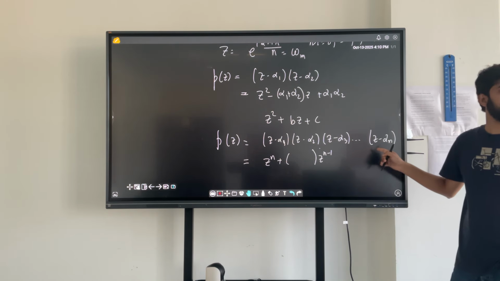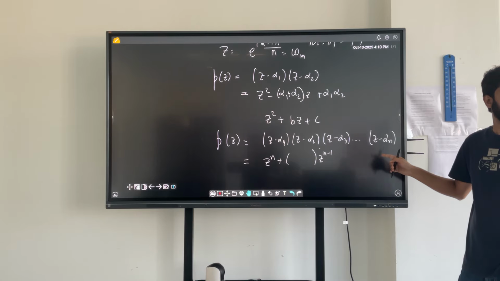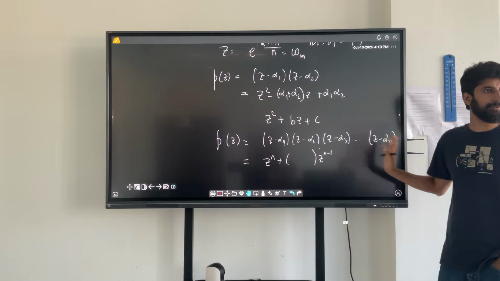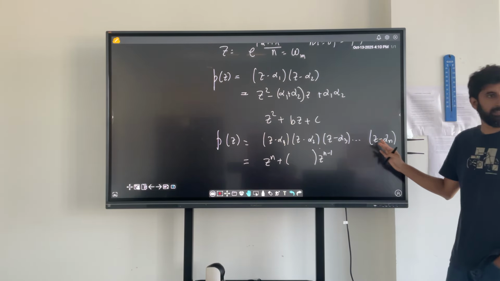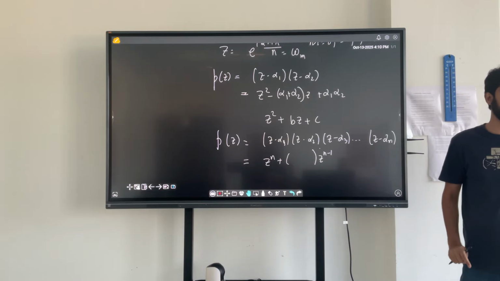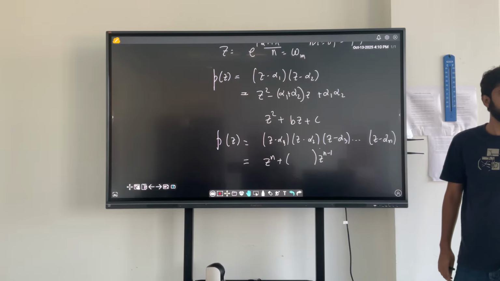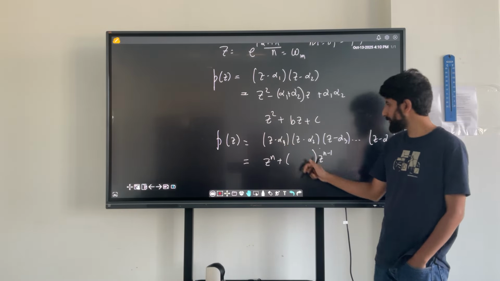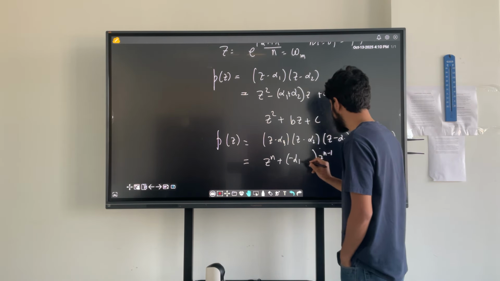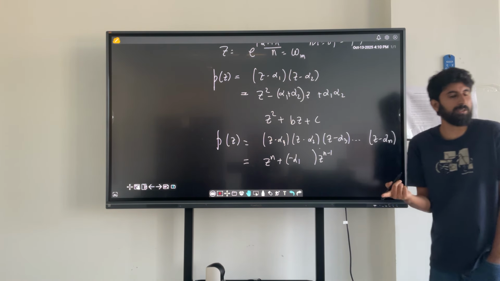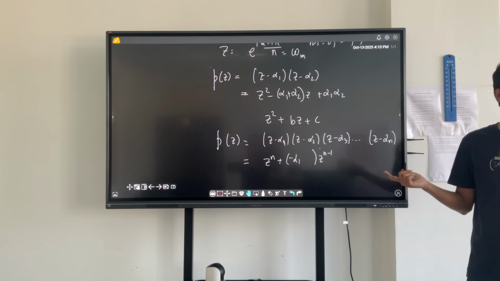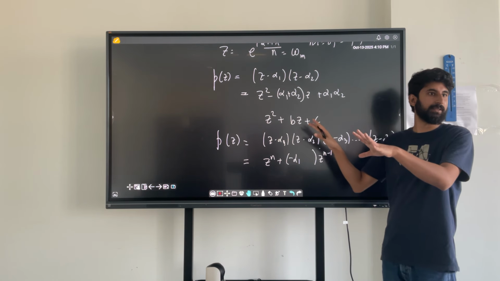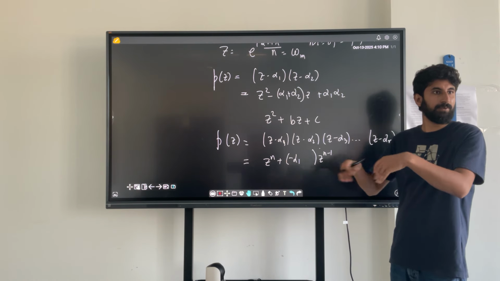You pick Z, and then alpha, from one of them you leave Z. You pick Z from everyone except one place. Let's say I don't pick Z from the first bracket. So what will I get? Minus alpha 1 times Z to the power n minus 1. But is this the only possible choice? No, sir. You can leave it from the second bracket too, but that will be another term. Do you get my point? It will add to this term.